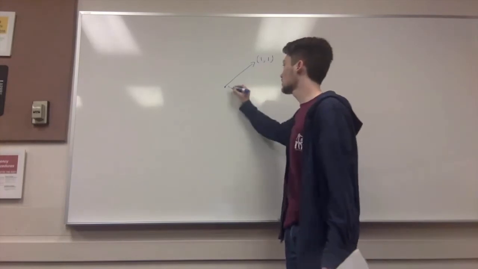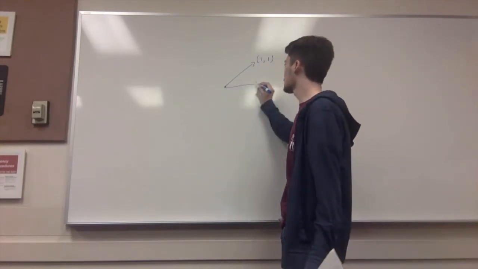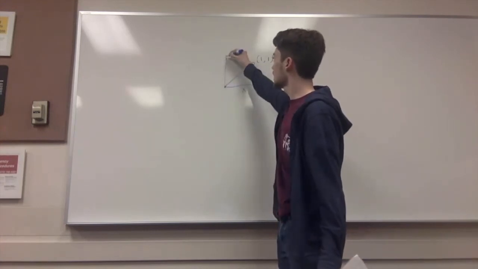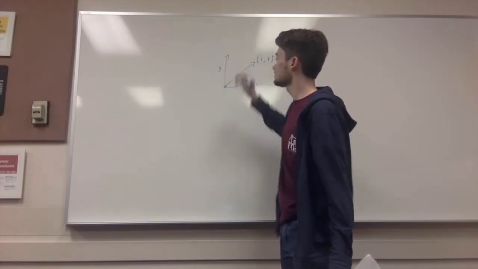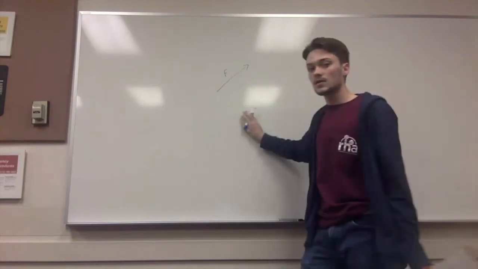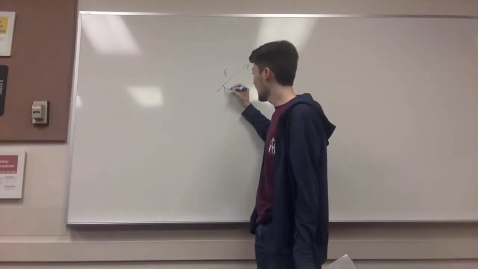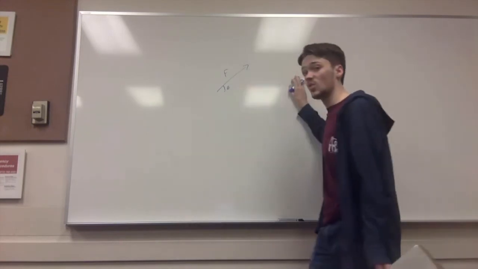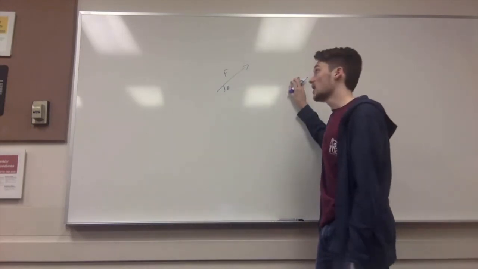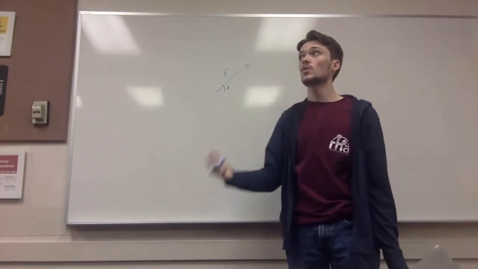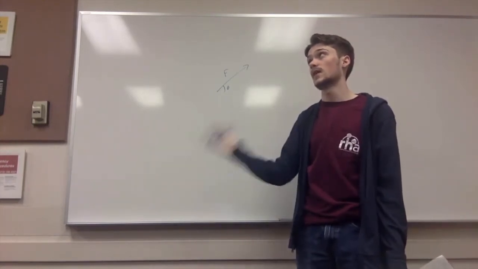So we can draw two vectors, one here, this is the x vector, and one here, this is the y vector. Simple. But of course, if you're just given a magnitude and say an angle from an axis or some other reference point, you're not going to be given coordinates and you're not going to be able to directly see what the x and y components of the vector are.